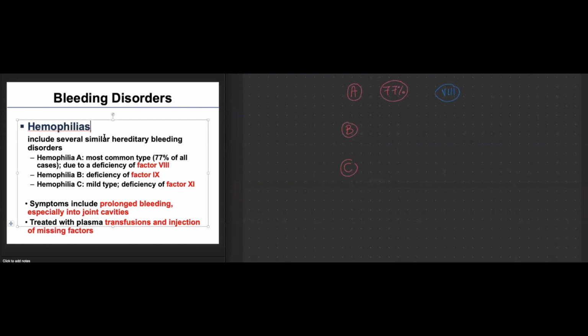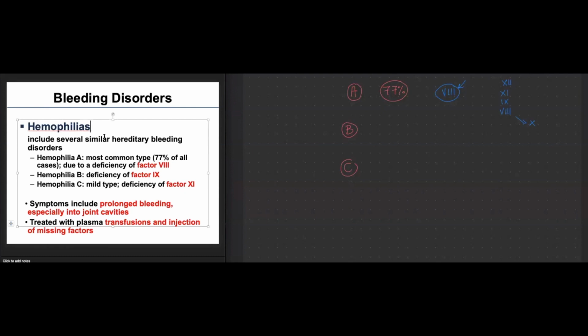Remember, factor 8 is a coagulation factor in which pathway? So coagulation in my intrinsic pathway. Remember, the intrinsic pathway is started by 12, 11, 9, 8, and then you go to the common pathway starting with 10. So here I have a defect in factor 8.